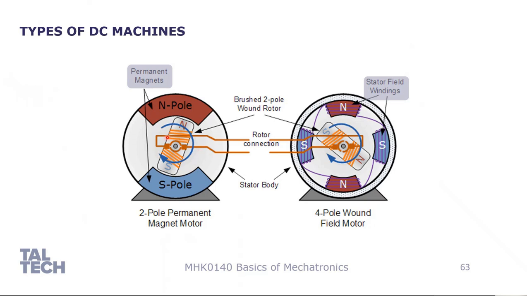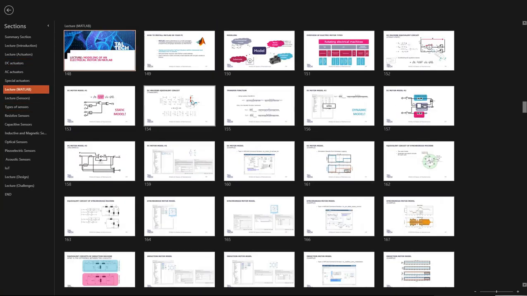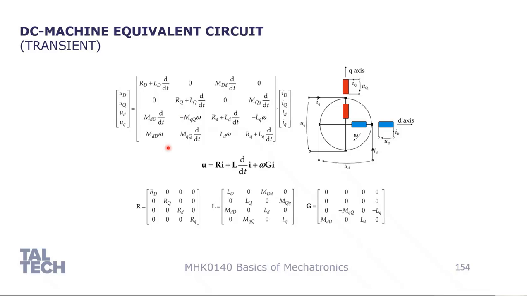So we need to consider what will be on the quadrature axis, and this is what we need to keep in mind when we are talking about transient processes, because both of those magnetic fields will change due to changing of the parameters, and having this in mind, we need to describe this in a similar way.